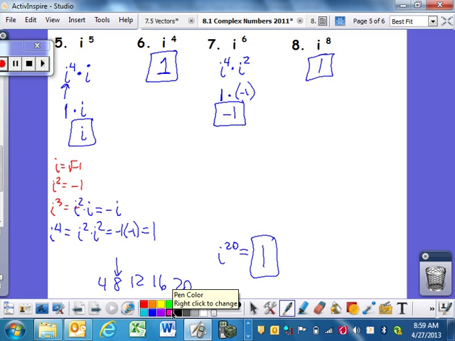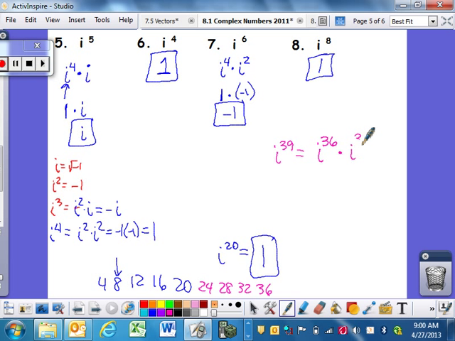So when I throw out something at you like i to the 39th power, oh my goodness, absolutely sucks, right? Well, find a number smaller than it that 4 goes into. If you start counting by 4s, hopefully some of you are saying, hey, 36 goes into it. That's the number smaller than it that 4 is a multiple of. So I can say, all right, i to the 36 times, how many more do I need?